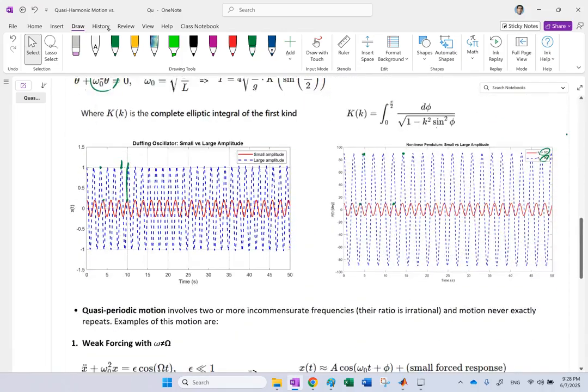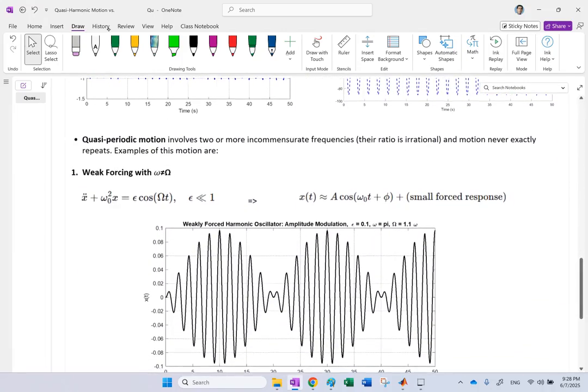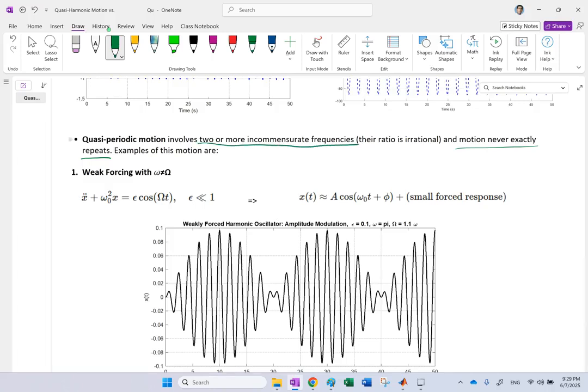Now, what is quasi-periodic? Quasi-periodic means the motion is not even periodic. It just looks like it is repeating, but it doesn't. The motion never exactly repeats, although it looks like it is. And typically it is a system that has two or more frequencies in it that are incommensurate.